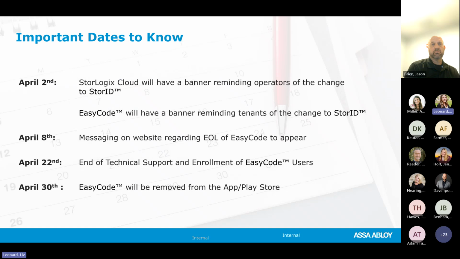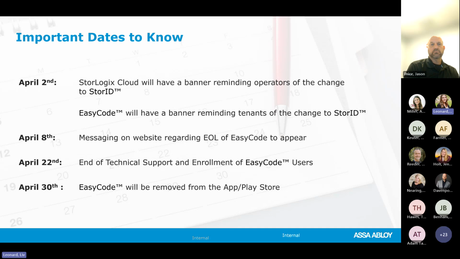I wanted to go over some housekeeping items. Some important dates to know: yesterday, April 2nd, StorLogix Cloud reminded operators of the change to StorID, and Easy Code for tenants started to display messaging that has a window in it that reminds tenants of the change as well to StorID.